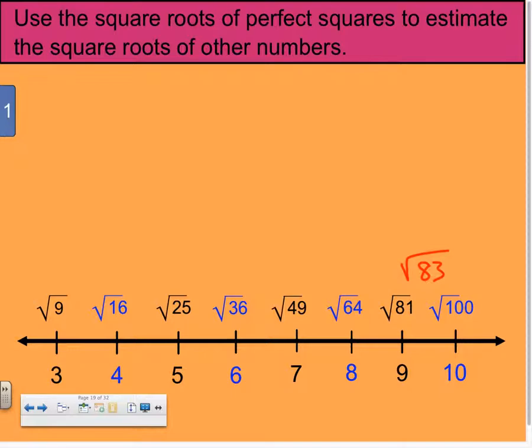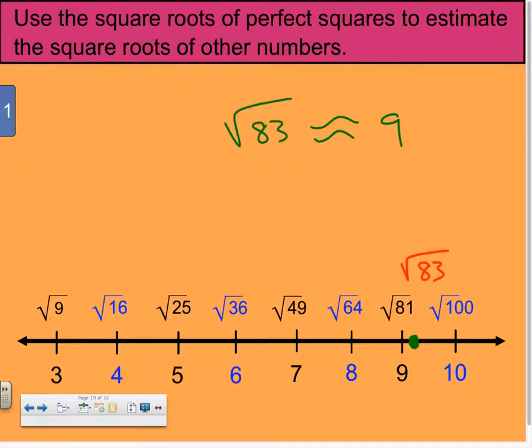In fact, it's a lot closer to the square root of 81, so I'm going to say it's going to be in that neighborhood right there. So I know that the square root of 83 is going to be somewhere between 9 and 10. And if I have to choose one, I would say it's closer to 9. So the square root of 83 is approximately equal to 9.